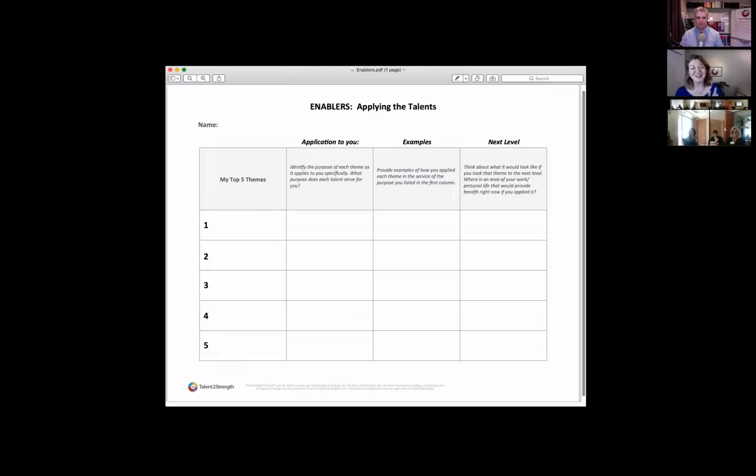The reason we do this one, again, is about connecting to the theme and observing how it shows up for you. We definitely recognize that there's a lot of overlap and it will influence.